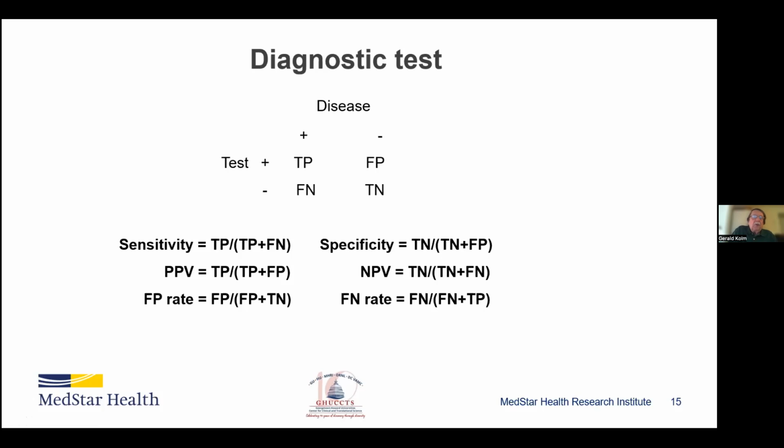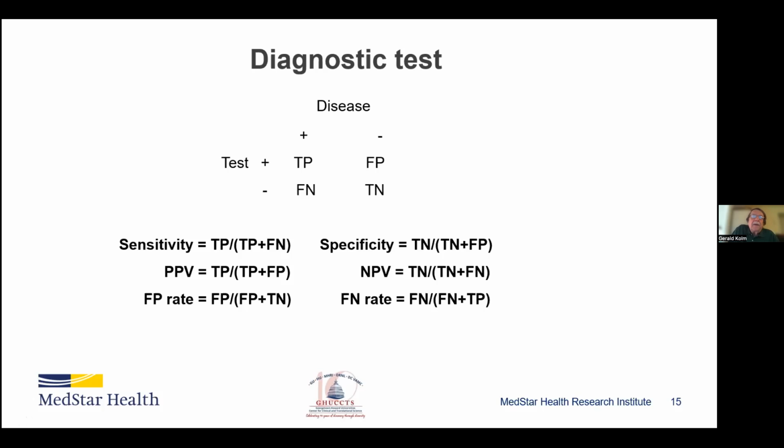And so one measure of the accuracy of our diagnostic test is called sensitivity. And so that's calculated as the number of true positives divided by the number of true positives plus the number of false negatives, or as I've indicated here, TP divided by the sum of TP plus FN, or false negatives.